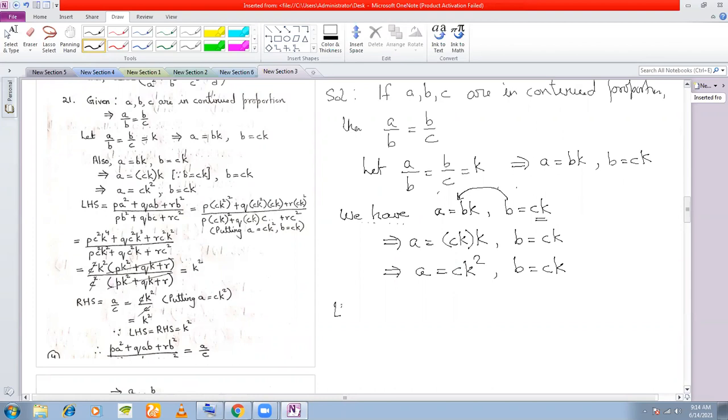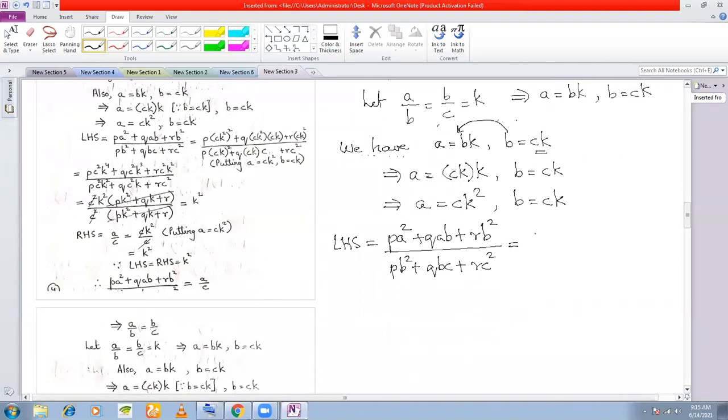So what is the left hand side of our expression that we need to prove? The left hand side of the expression that we need to prove here is PA square plus QAB plus RB square divided by PB square plus QBC plus RC square. Put the values now. What are the values?